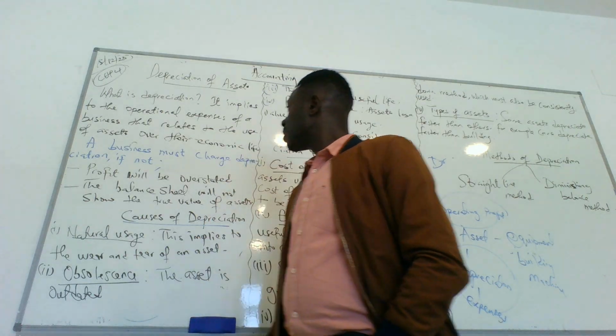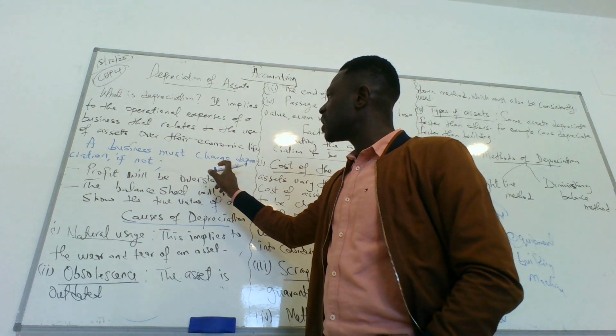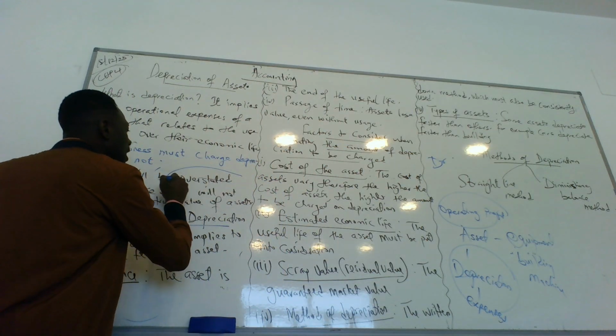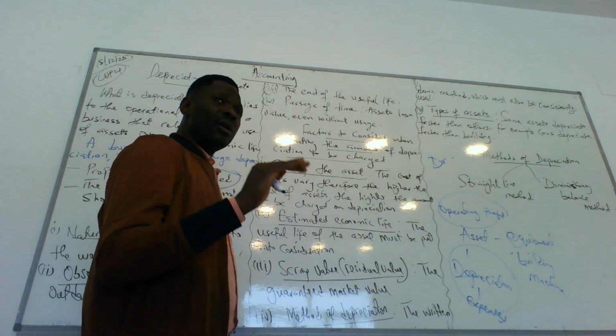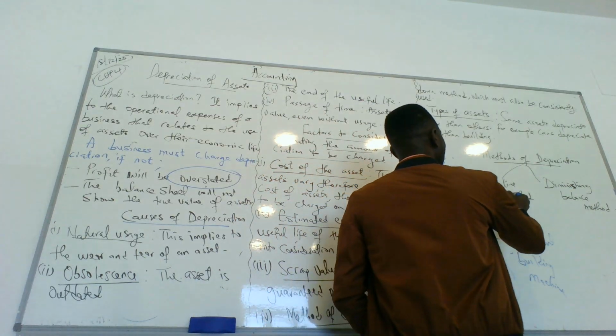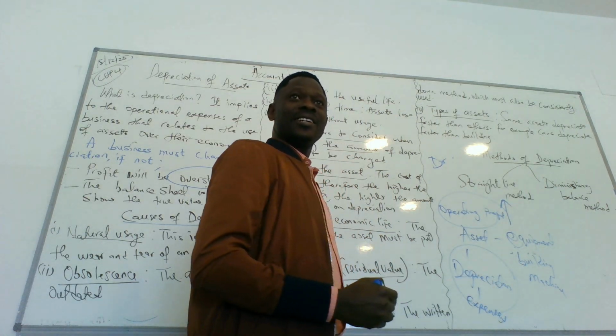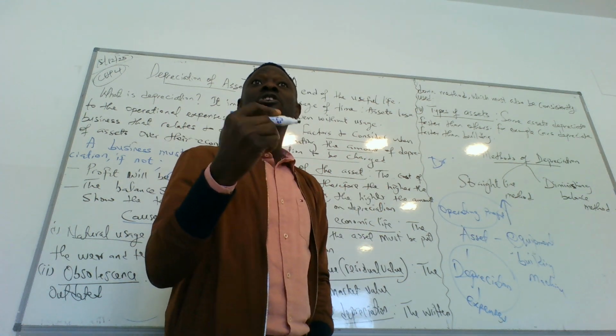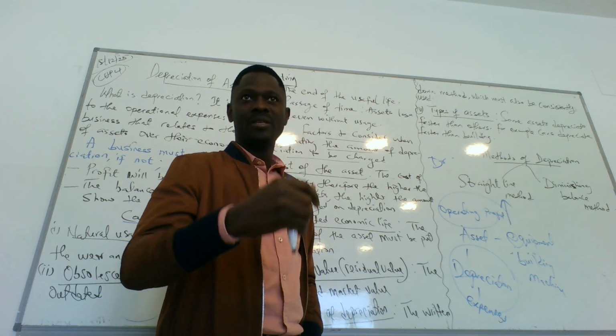Okay. So a business must charge depreciation. If not, what happens? Your profit will be overstated. Without depreciation, you would think your operating profit is what? Is higher. You've forgotten that you have some assets that are being used and their value is dropping.